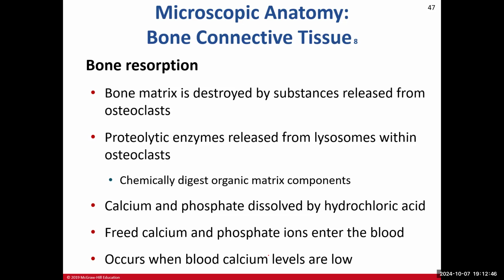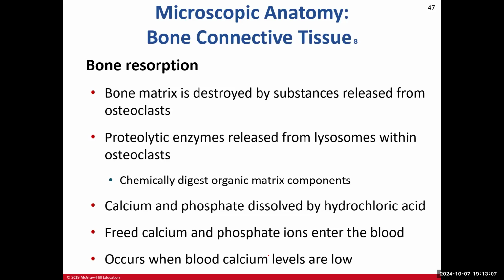Remember, those are membrane-bound organelles that live inside the cells. Usually the reason they're membrane-bound is because the enzymes they're making are dangerous to let run loose in a cell.